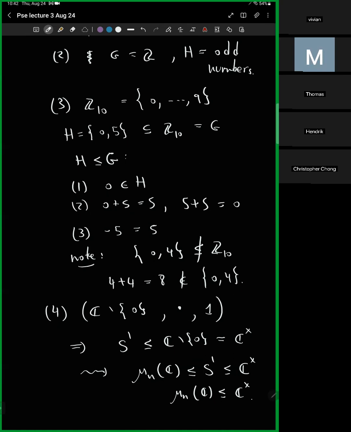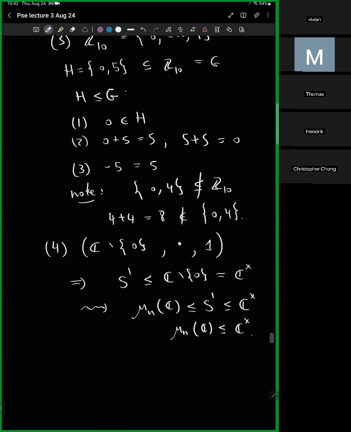And an exercise. You take two groups, G and H, and you look at the Cartesian product.